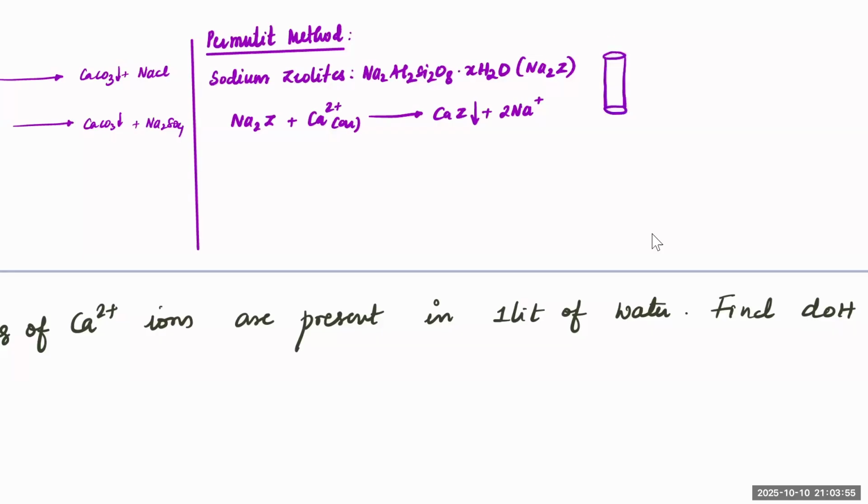Basically, the hard water is poured from the top, and you will get soft water from the bottom. Okay, got it. So here, this entire thing is called the candle. Okay, the filtering candle. That candle basically consists of zeolite. So zeolite will absorb all the calcium and remove the rest of the part. Clear, everybody?